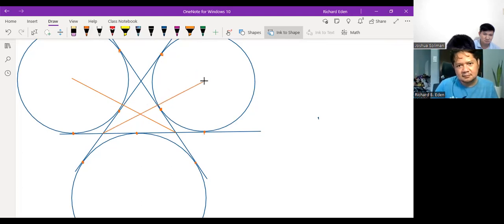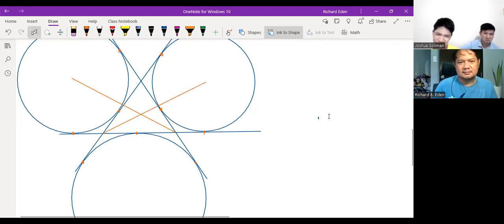Lower a bit, lower right. Yan po. Then one more.